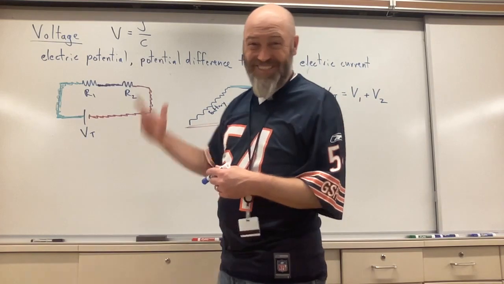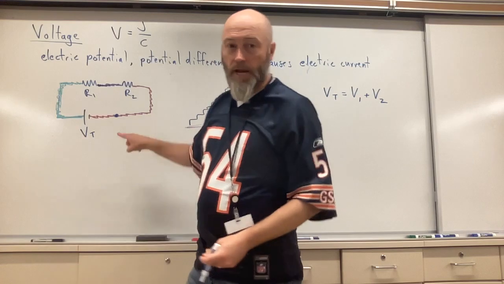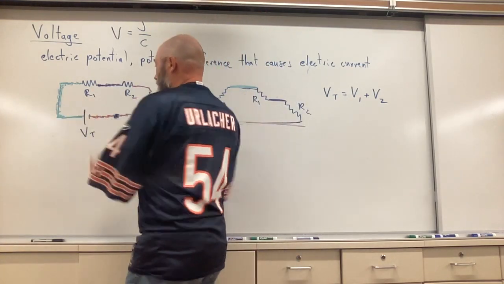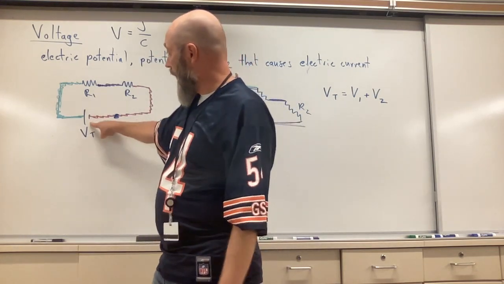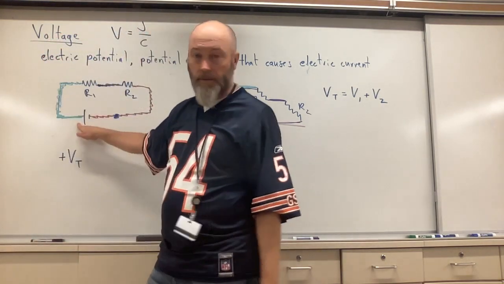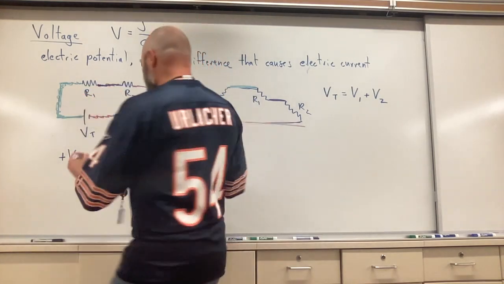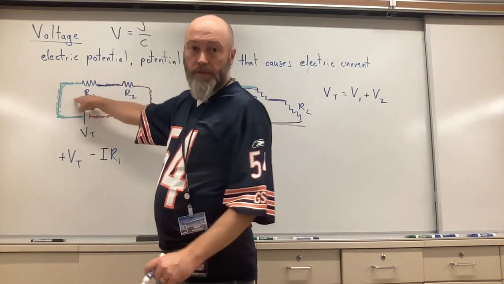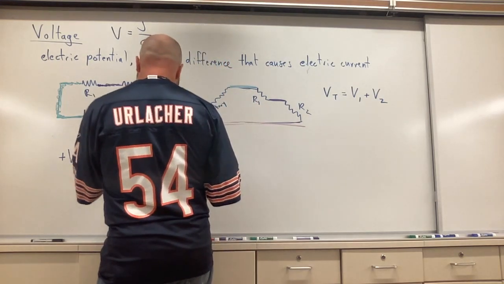We can do the loop rule a different way as well. Let's say I start at this point, and then I walk around clockwise. I would go up VT, everybody sees it, and then my resistor is going to lower the voltage, so I would go down I times R1, and then I get to here, and then I would go down I times R2.